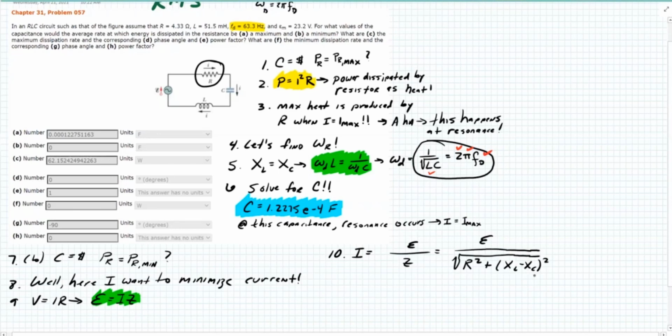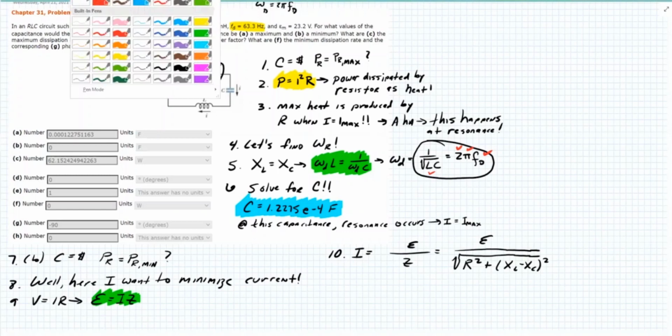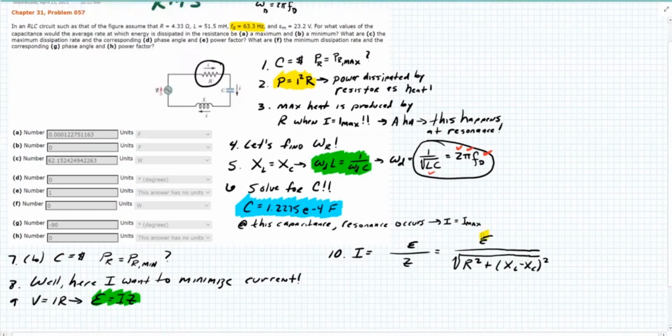Now the question is, this is fixed. I can't mess with this. My numerator is fixed. Mine's 23.2 volts. But I can mess with the denominator. Well, I can't mess with R. That's fixed as well. The only thing I can mess with is everything else is already set.